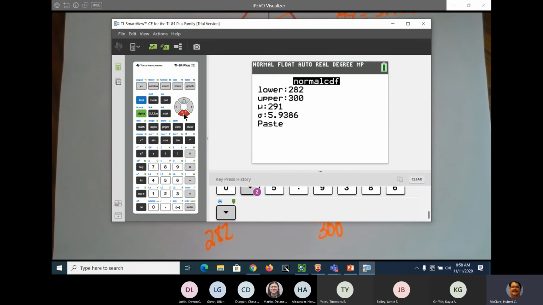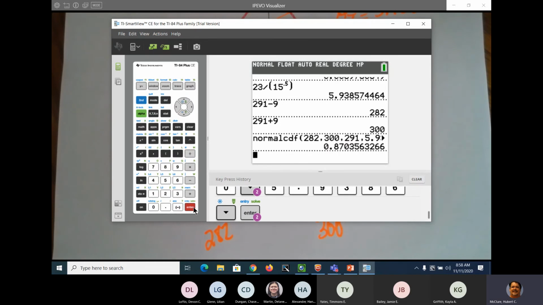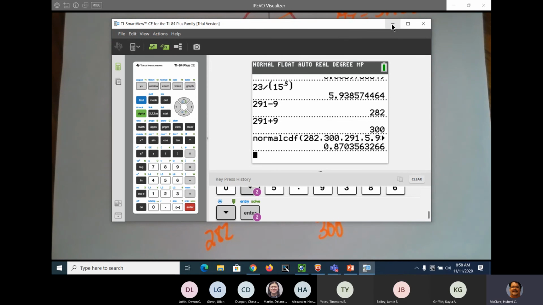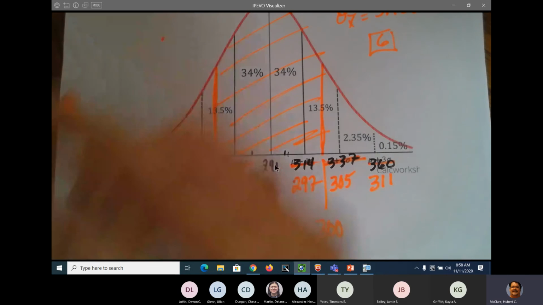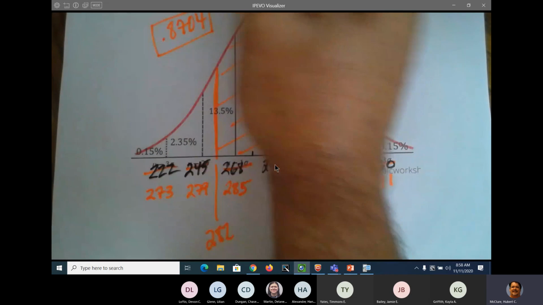And I got around 80% by the empirical rule. The calculator gives 0.8704, so I'm a little bit off. So write that down. 0.8704 is your answer.